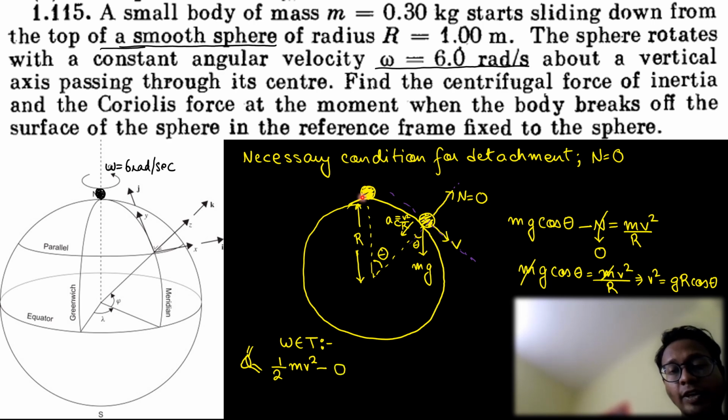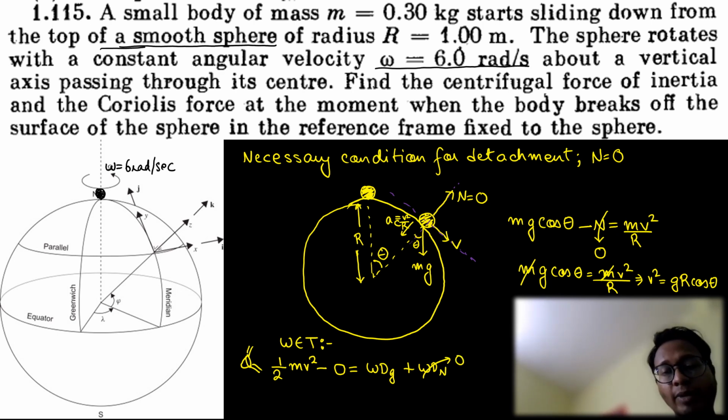Because here the velocity of the ball is 0. This is equal to work done by gravity force plus work done by normal force. Is there any other force acting on this body? No. Work done by normal force will always be 0, because at every point the displacement is perpendicular to the normal force.